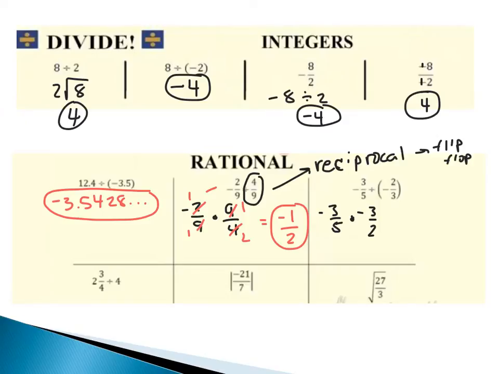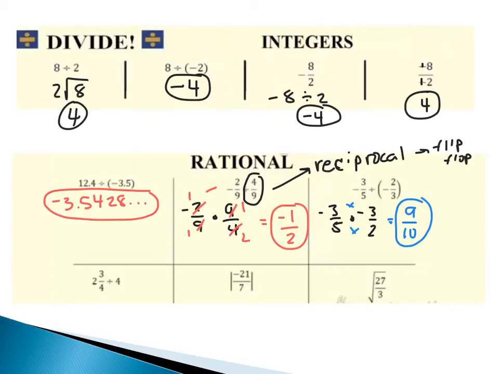We don't change the sign. Now, in this problem, can I go ahead and simplify? Does 5 go into 3 or any number go into 3 and 5? No. Same thing with 3 and 2. So this one I'm just going to multiply across, like we learned with fractions. Negative 3 times negative 3, well, I got a negative times a negative. That's positive 9. 5 times 2, that's a 10. So I get 9/10. Fantastic.